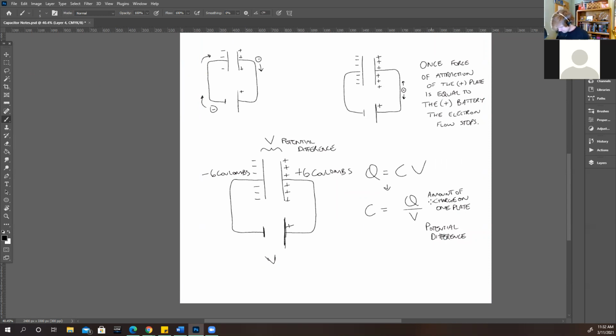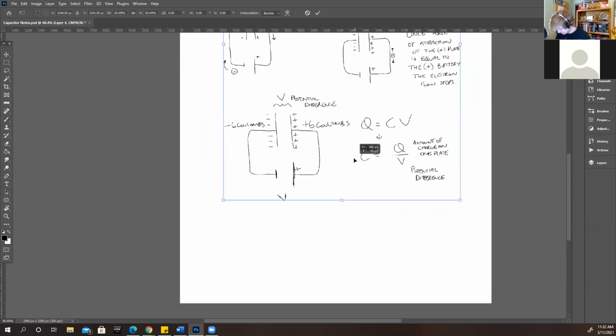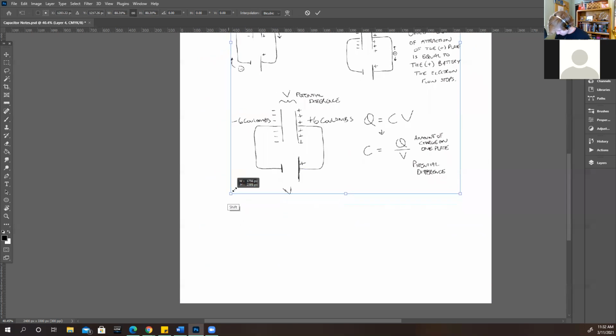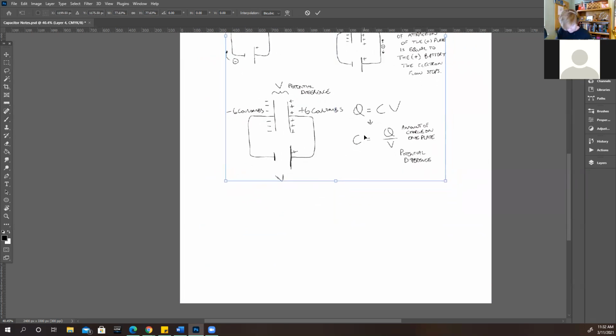So now, what else did I want to do? Almost done. Let me do one more little example, or just a picture, a three-dimensional picture. Remember, these are just like strips of metal or plates.